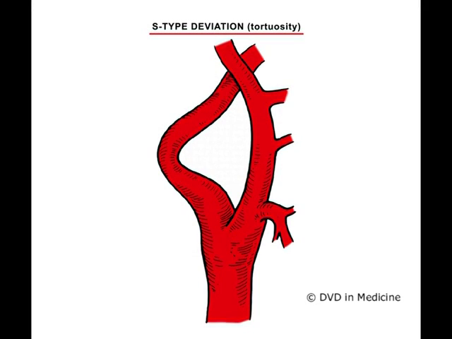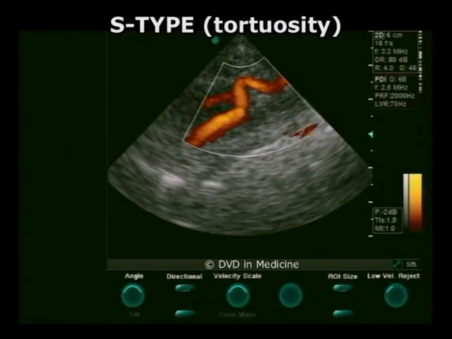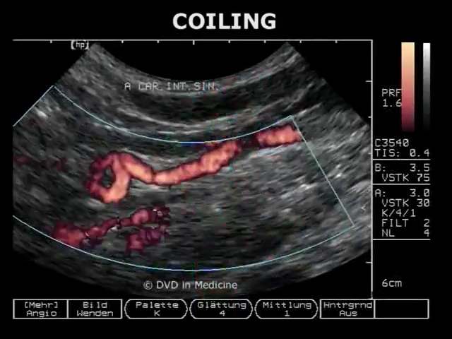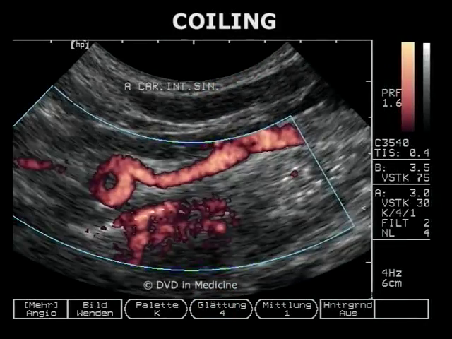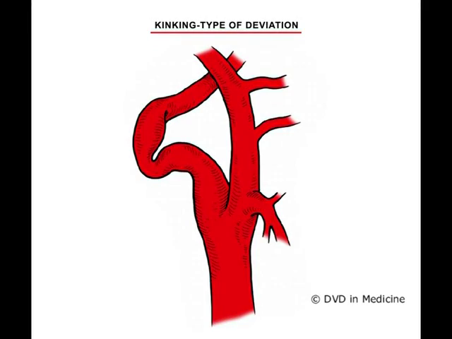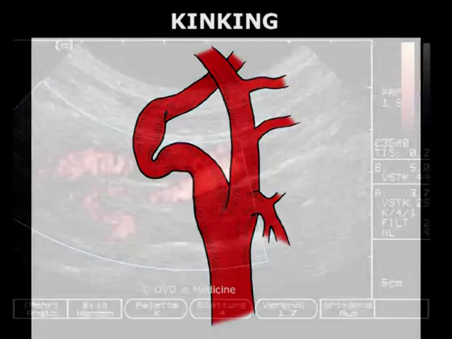S-type or tortuosity, coiling, and kinking. In the last case, one sees the artery bending at an acute angle.